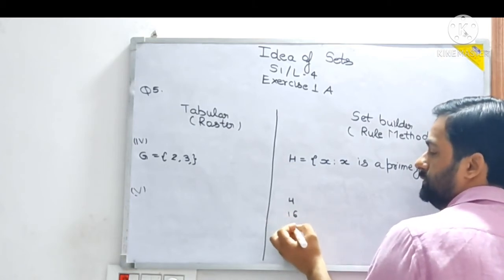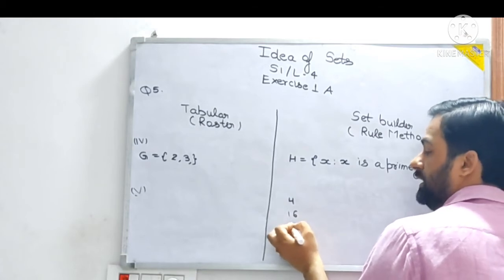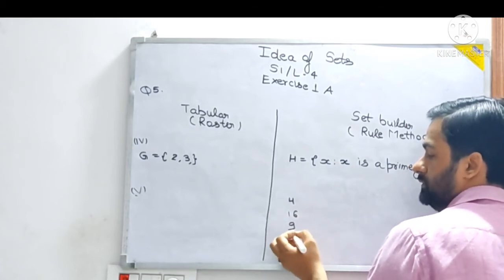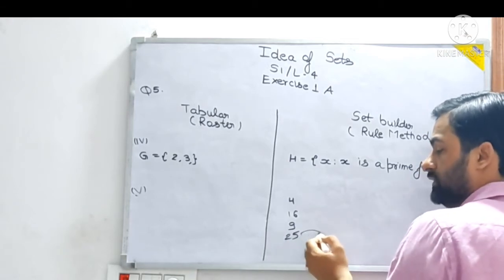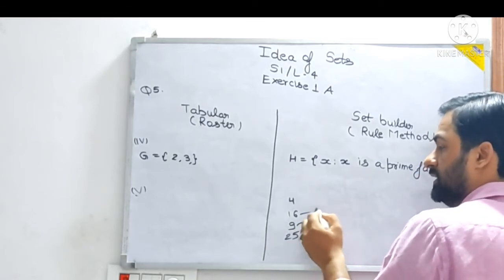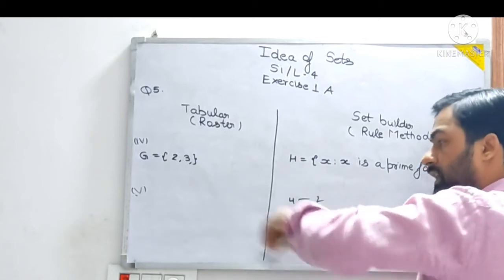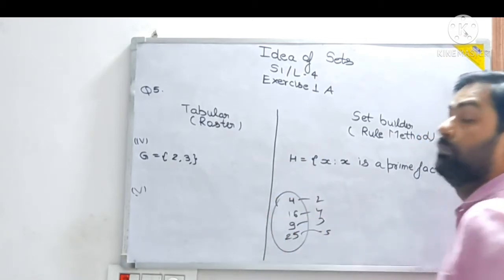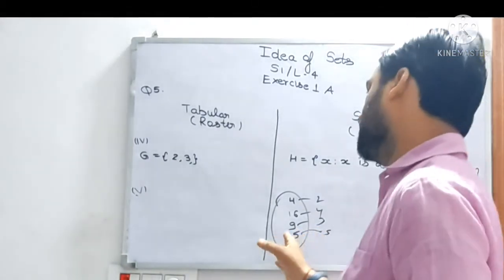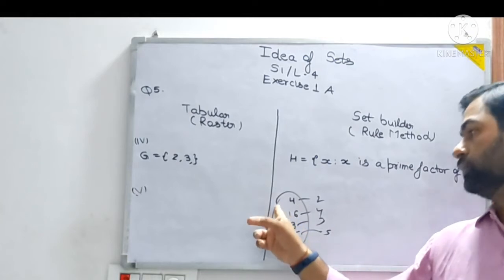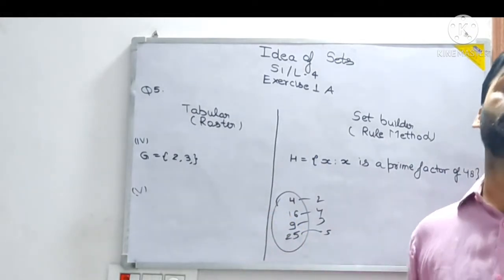Then 9 is a perfect square. 25 is a perfect square. Are you getting it? That means if we take out the square root of these, 5 will come, 3 will come, 4 will come, 2 will come. All these are called perfect squares. Are you getting it? I think so. You have been introduced to the term perfect square for the first time, and still you are understanding. So these 4, 16, 9 and 25 are called perfect squares.